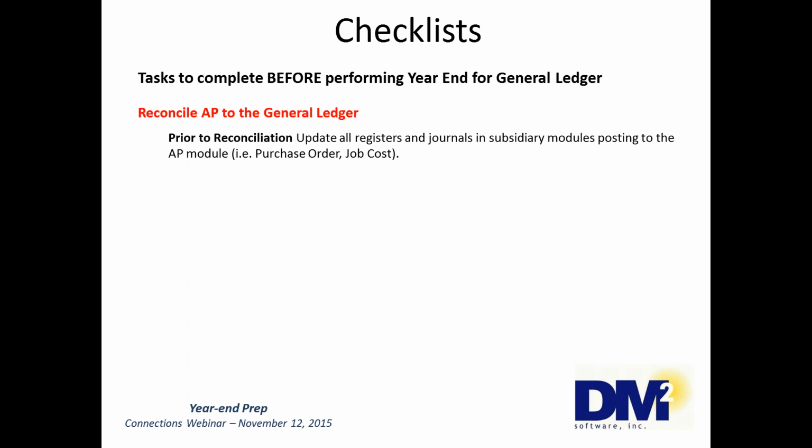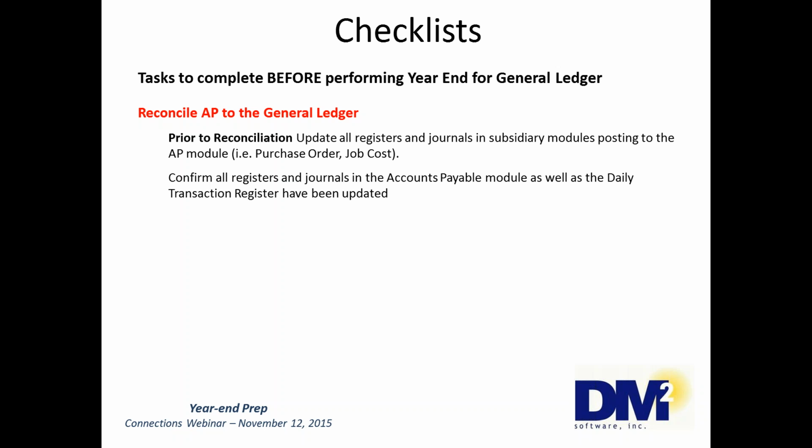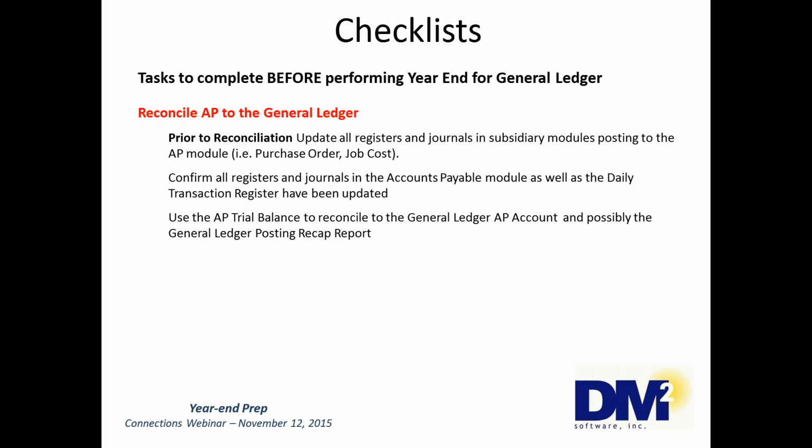Then you're going to make sure that all of the registers and journals in AP have been updated. So they're done, and the daily transaction register has been updated. Use the AP trial balance to reconcile to the general ledger AP account or accounts, and you can also use the general ledger posting recap.